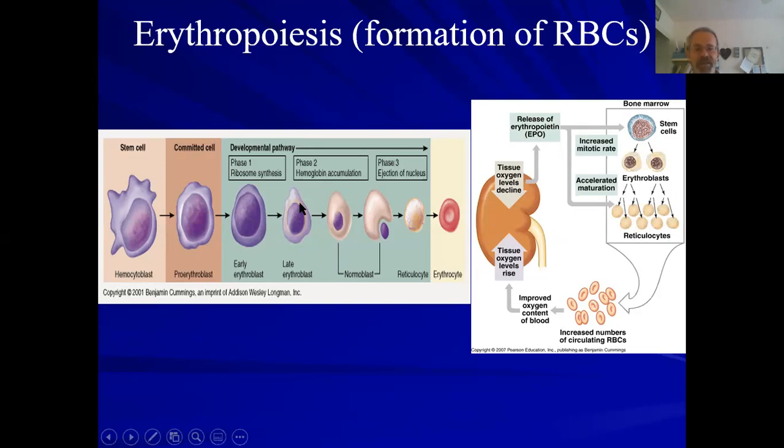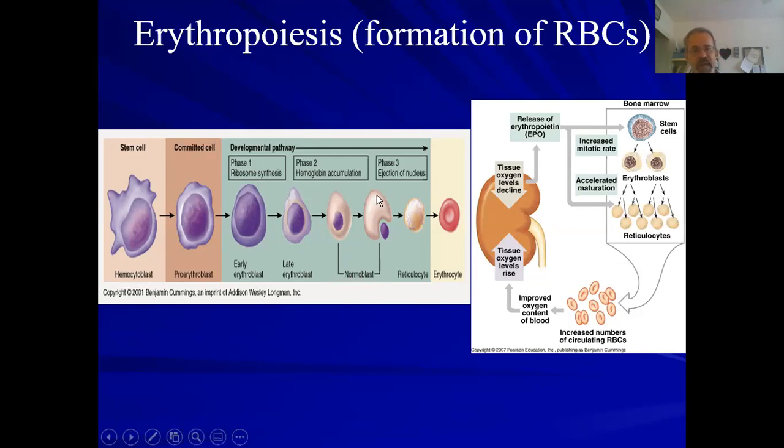If we take a look at the development of a red blood cell over time, it's very interesting, right? Here's our hemocytoblast, the stem cell, and you can follow along these steps all the way to a red blood cell. Now, I don't need you to know all of these steps, but I do want you to notice a couple key things. First is at what we call the normoblast stage.